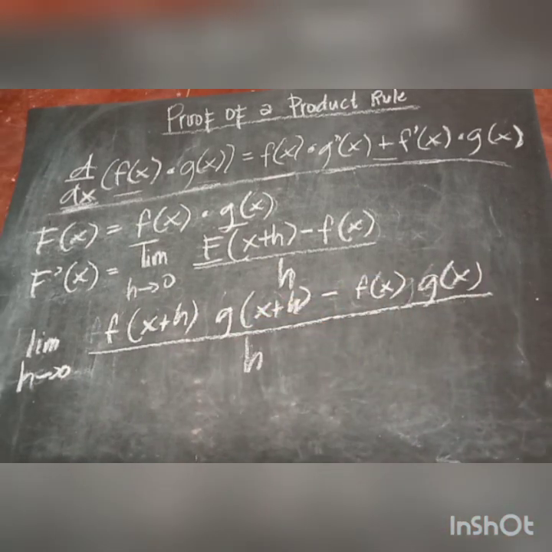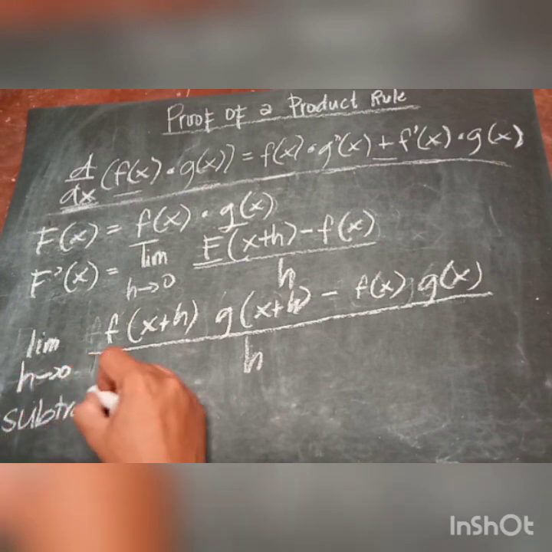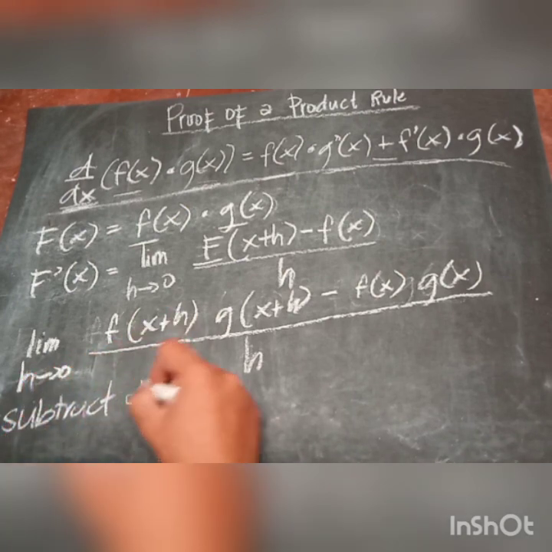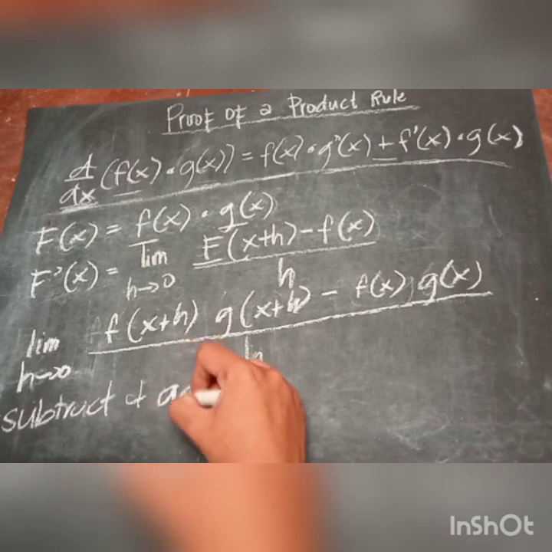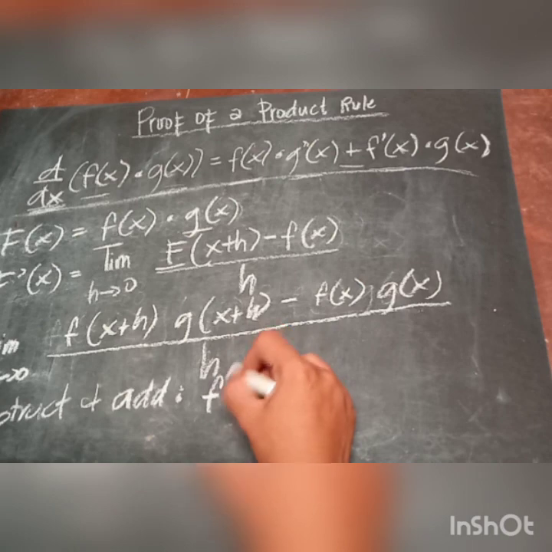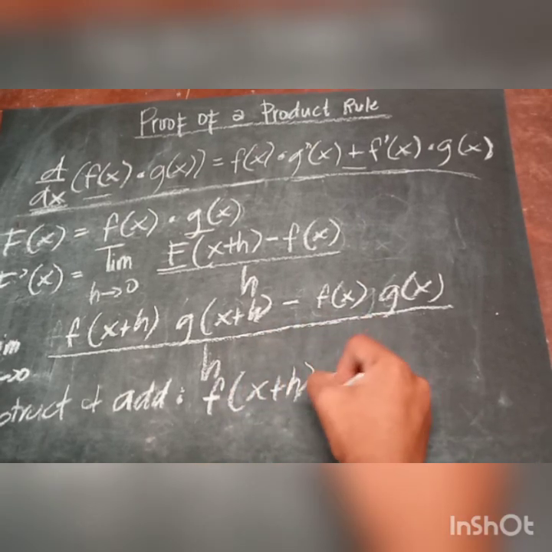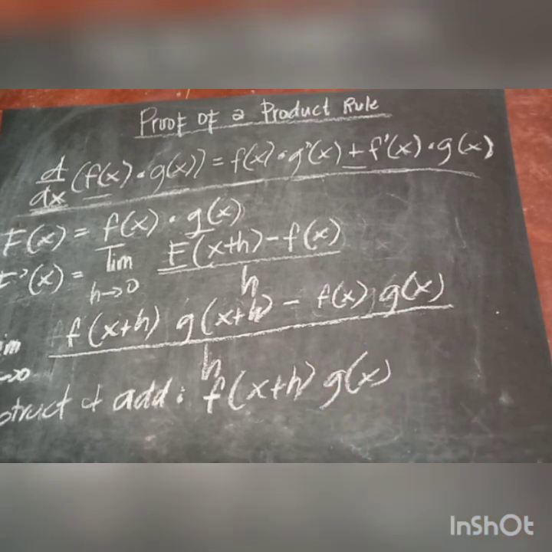Now, to make use of this, we're going to subtract and add f of x plus h times g of x to the numerator.